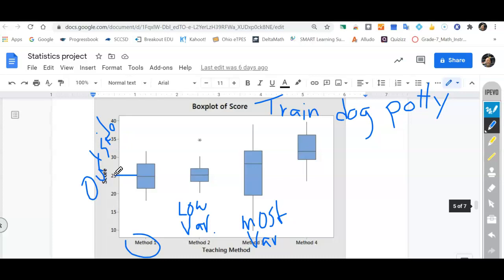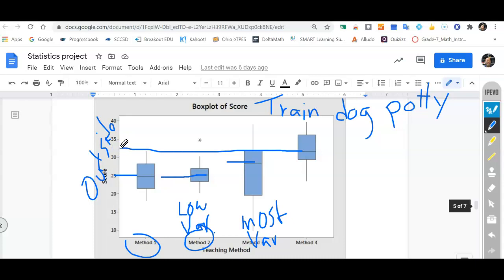So we'll just call my middle my average. Method 2 has a lower variability, but its middle number is still around 25. This one, I get my dog to go to the restroom outside 30 times was the middle number. And this one was somewhere in the 32, 33 range.